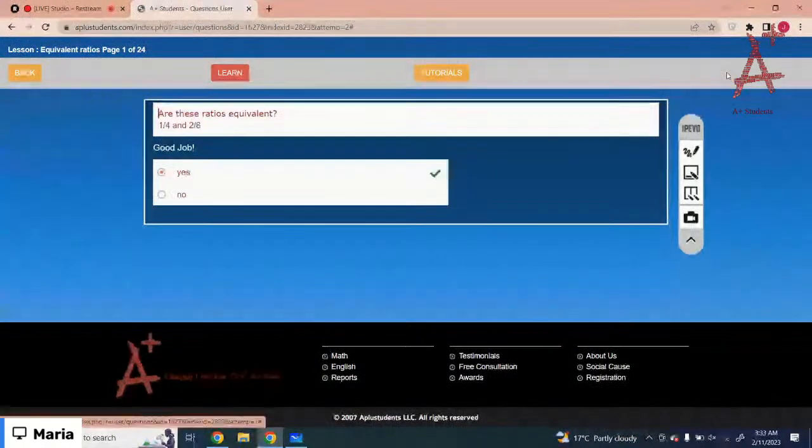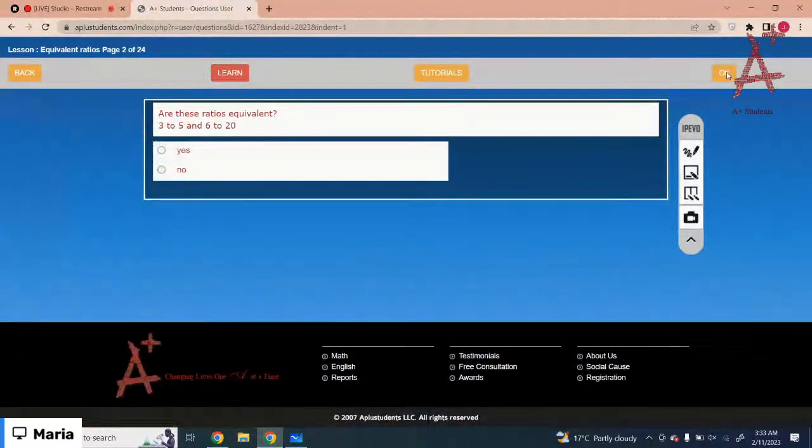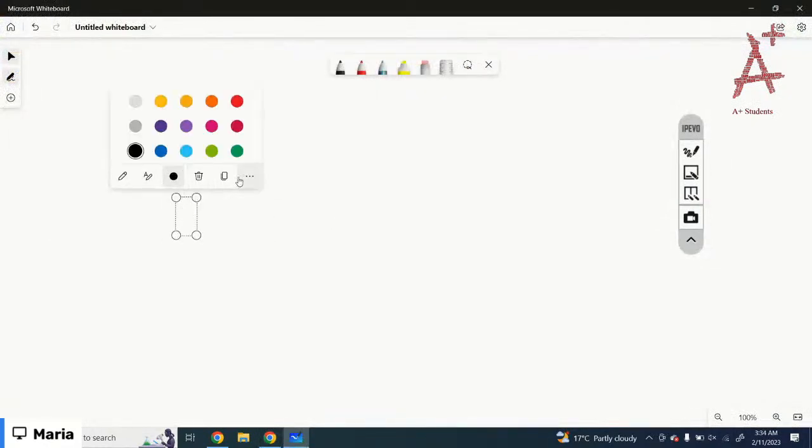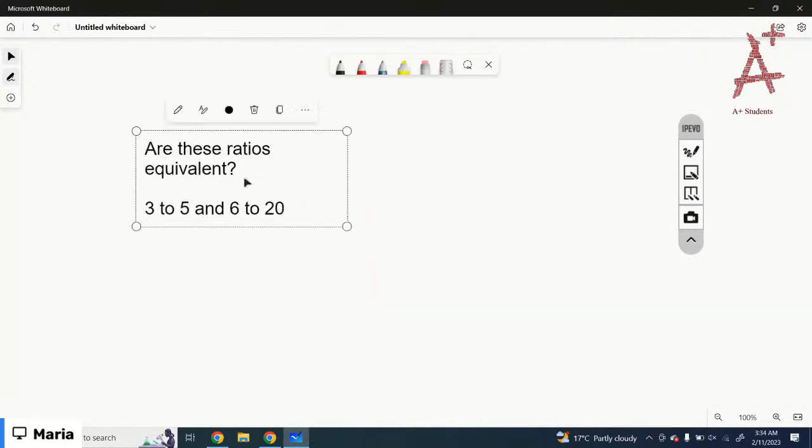Let's just do another example. Okay, the next one is, are these ratios equivalent? 3 to 5 and 6 to 20. The fractions are 3 over 5 and 6 over 20. Got it?